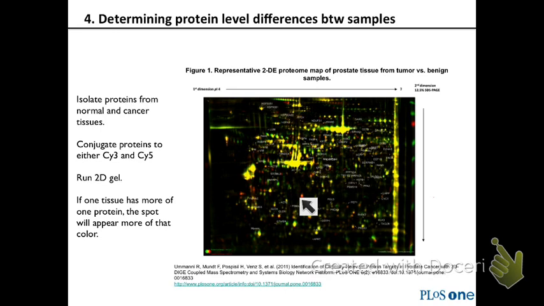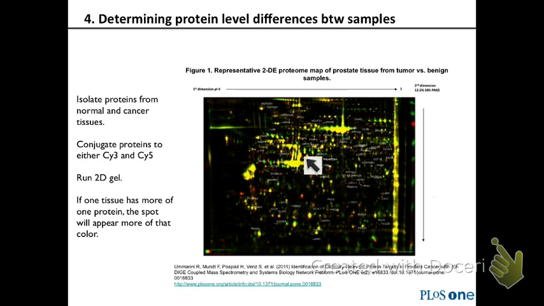Cancer sample is labeled by red, and you're seeing a spot here that's more red than green. What is that? It's a protein that's more specific to cancer. Yes, it's a protein that's more expressed in the cancer tissue that you looked at, right?